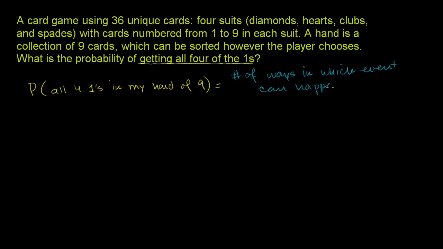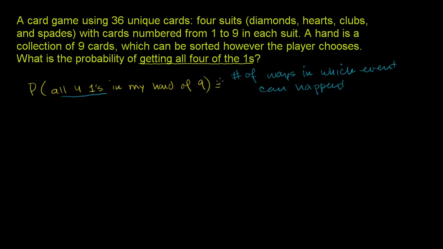And when we talk about the event, we're talking about having all 4 ones in my hand. That's the event. And all of these different ways, that's sometimes called the event space. We want to count how many ways that if I get a hand of 9, picking from 36, I can get the 4 ones in it. So this is the number of ways in which my event can happen.